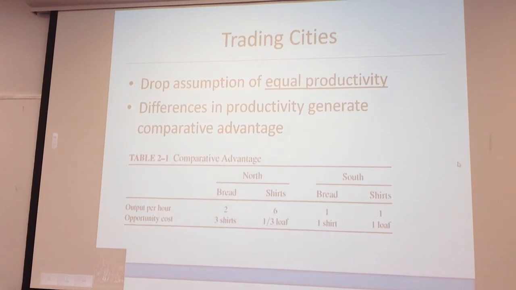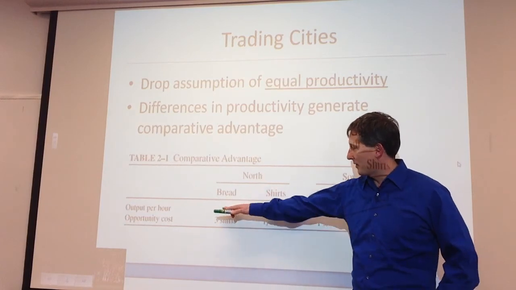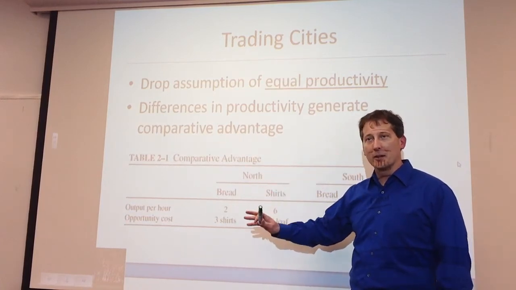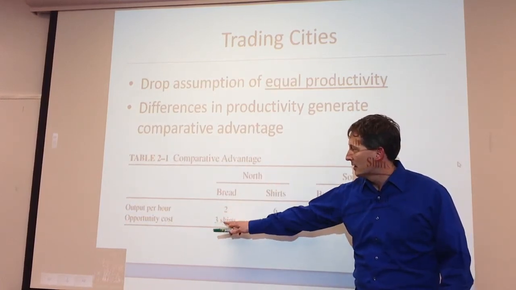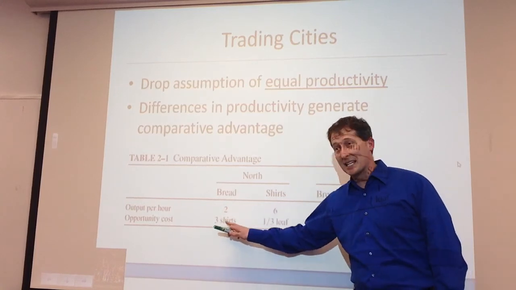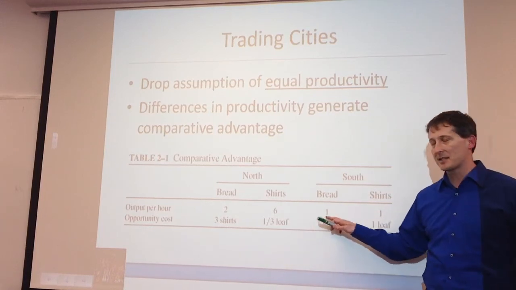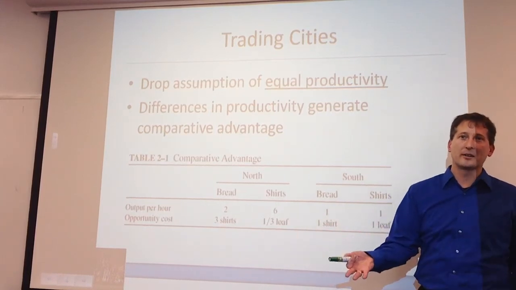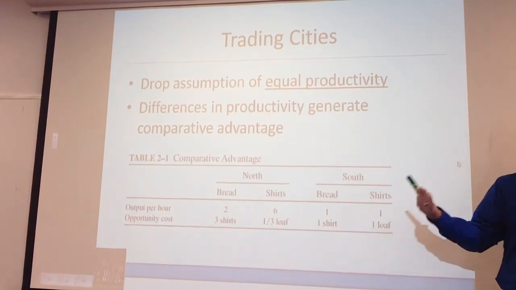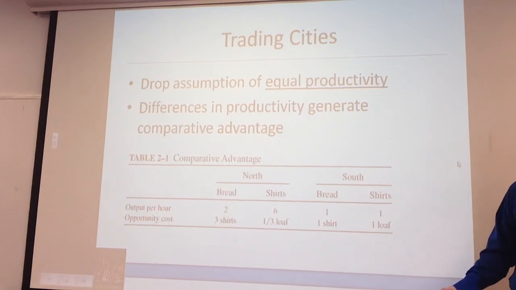And what about bread? South. So when we flip our brain around a little bit and think about the economics, the North has to give up 3 shirts. That's pretty expensive. The South only has to give up 1 shirt. So in that respect, they're better in terms of what they have to give up. That's why we always hammer on opportunity costs.